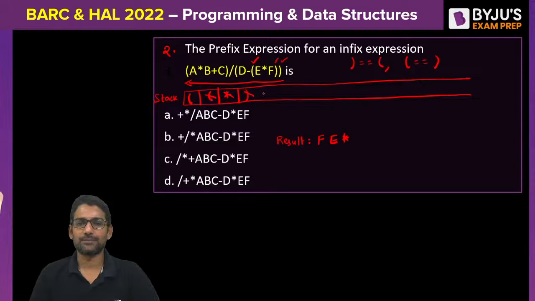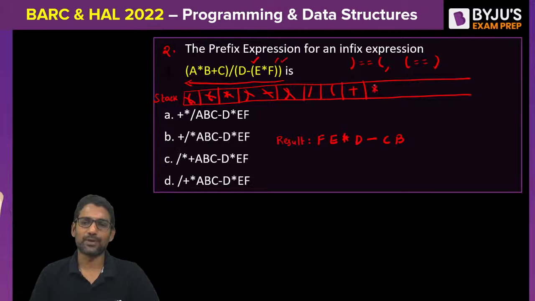Then minus, then D, again we have right parenthesis. So until the left parenthesis we will pop, then we have division, then parenthesis followed by C, then plus, and then B, then multiplication.